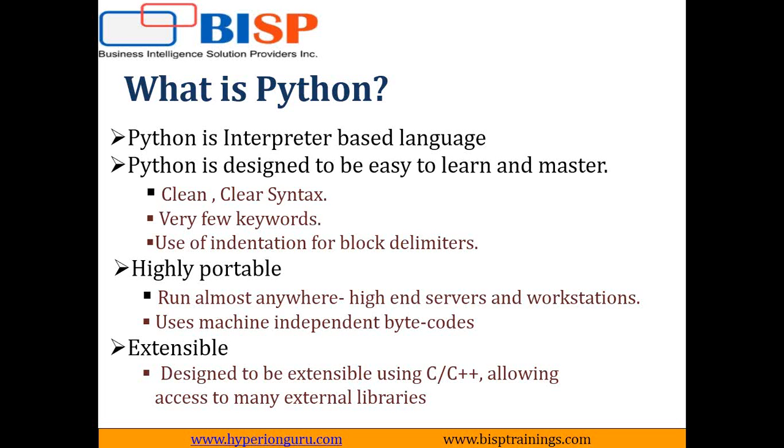Python can be used as a script in ASP pages as well, and for web applications and web programming. We can add low-level modules to the Python interpreter, and these modules enable programmers to add to or customize their tools to be more efficient. So this is a highly extensible programming language.